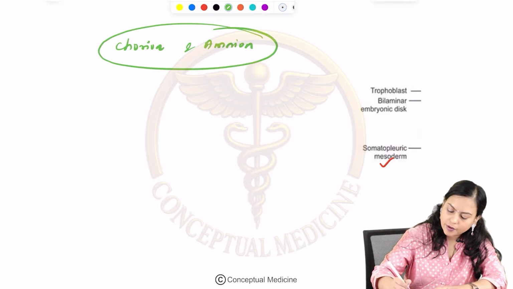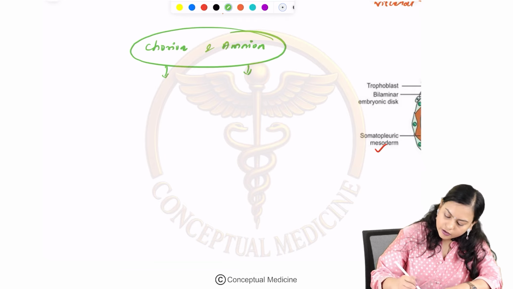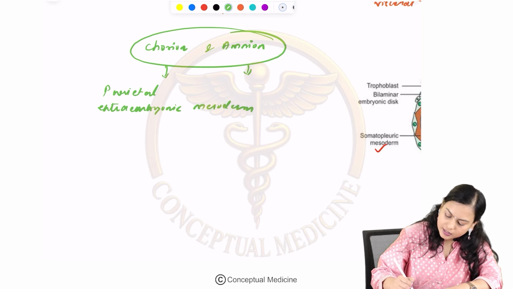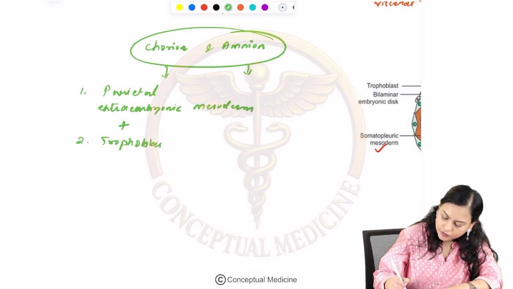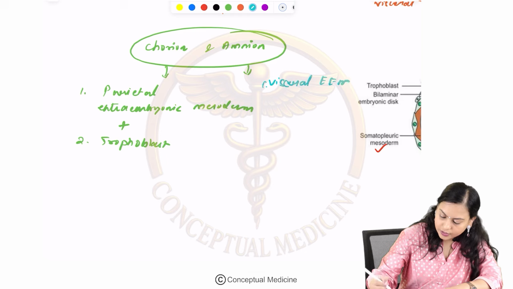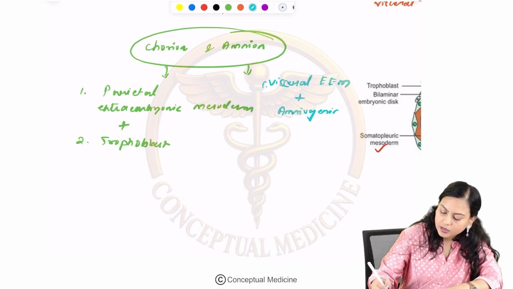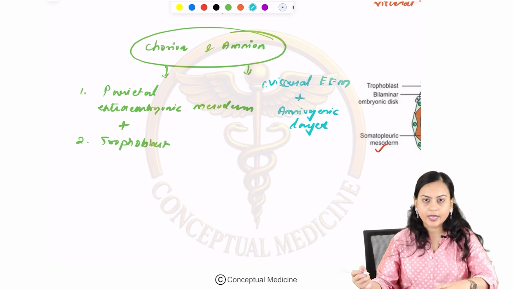These are the membranes. Okay, so chorion is nothing but the parietal extra embryonic mesoderm plus the trophoblast surrounding. Okay, whereas amnion is nothing but the visceral extraembryonic mesoderm and the amniogenic layer that is seen around the amniotic cavity.